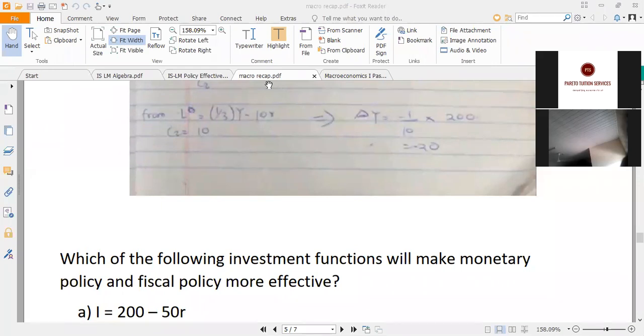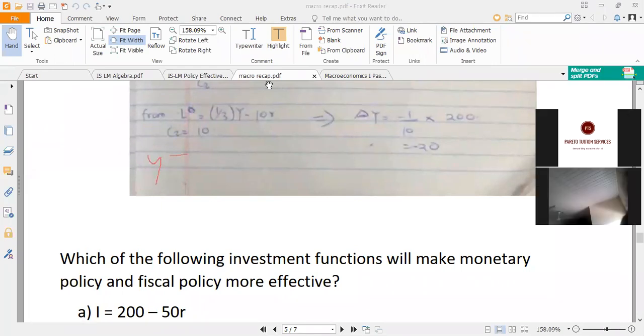The initial one was Y equals, who remembers the value? 1250, right? Minus 50R. So if you want the new one, just add your 400. That was the change in Y resulting from the change in G. So if you add 400 to this, I'm sure we are getting 1650, right?